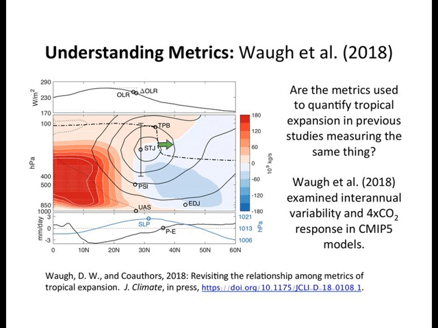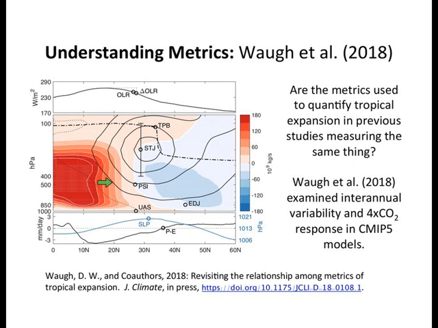And so previous studies that have focused on the position of these features are looking at a different mode of variability in the climate system that isn't necessarily correlated with poleward and equatorward excursions of the Hadley cell edge. Again, I don't think we completely understand that yet.